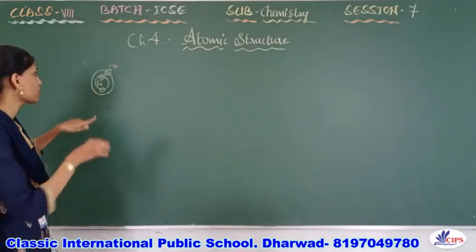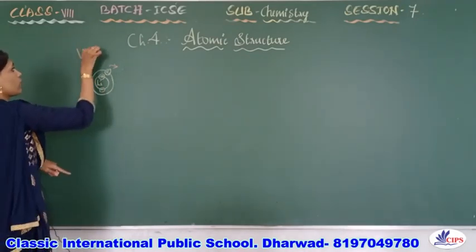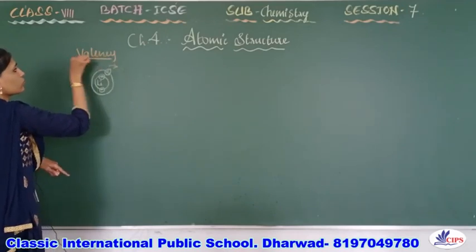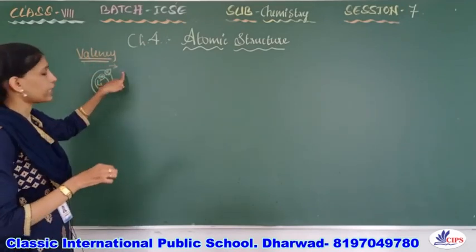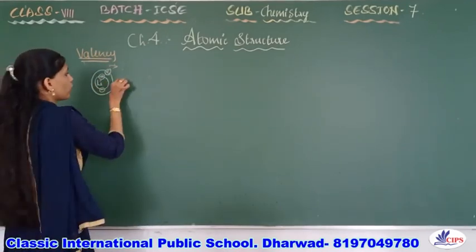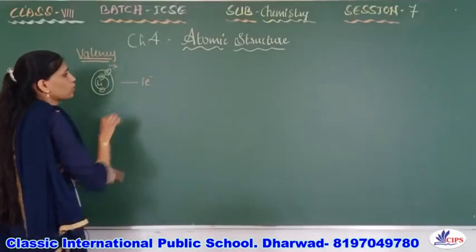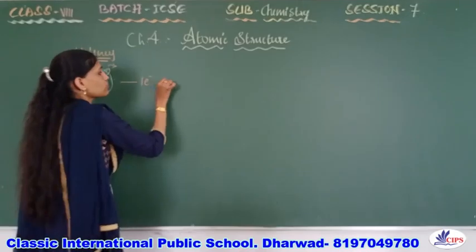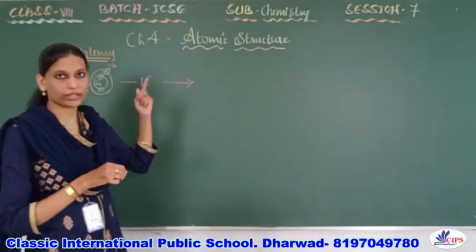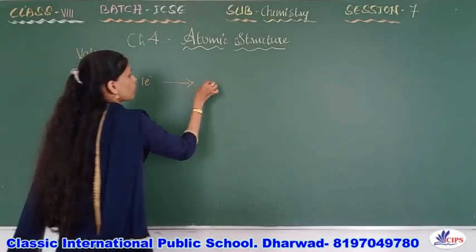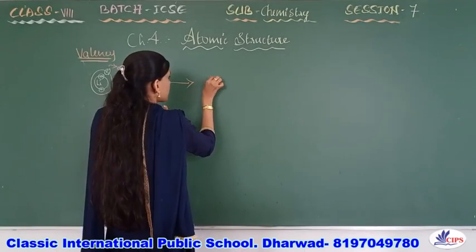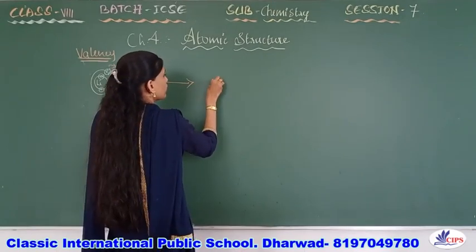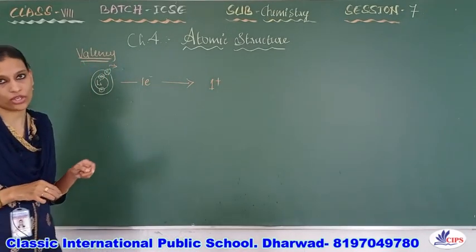We are talking about the valency here. One electron is lost, and when one electron is lost, there comes a charge on it. That charge we call a positive charge. So it gains a positive charge.